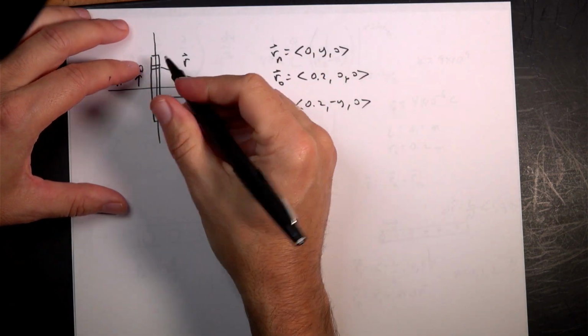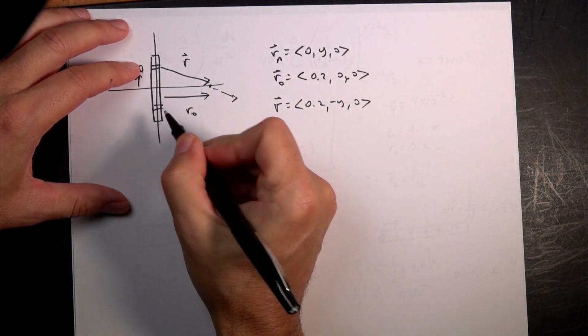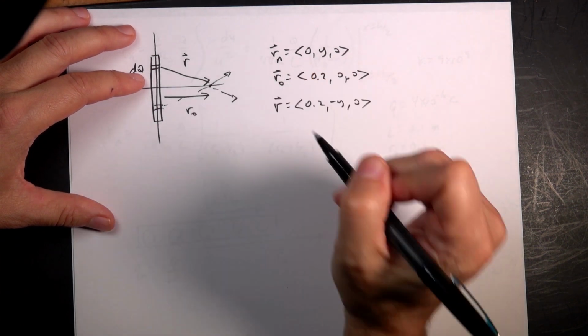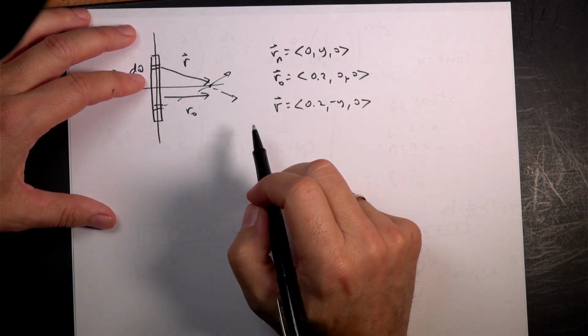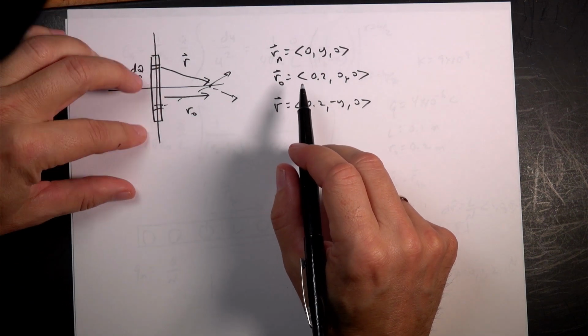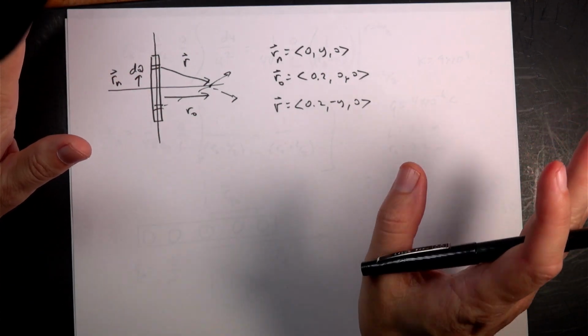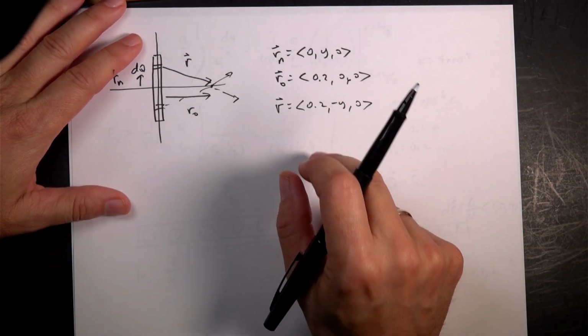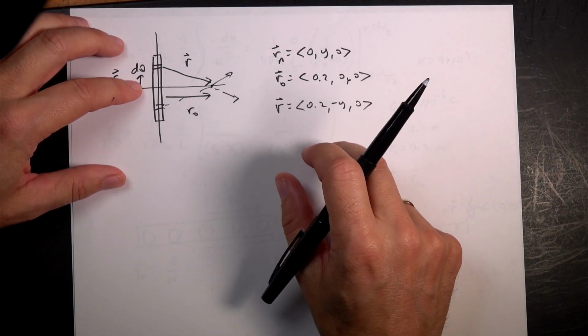But the trick is, if I look down here, there's another piece that's symmetrical that's going to be up here like that. And so the y components are going to cancel. I'll only get an x component. And then I can integrate along y. And like I said, it's a difficult problem to set up. I have a video going over the solution. I don't want to do it because I want to show you how to do it numerically. I will tell you this.